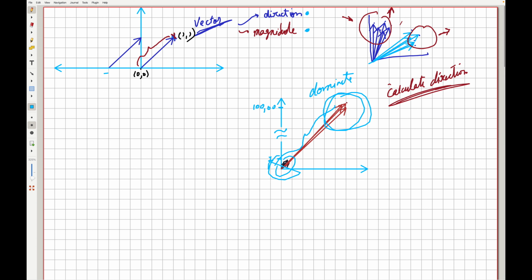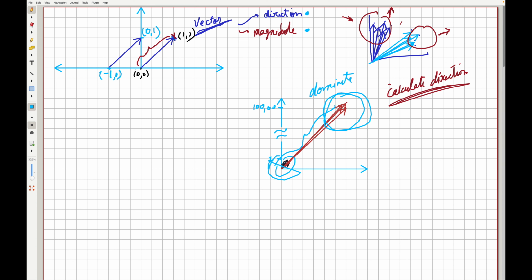This is still 1, but then we are at x is 0 and y is 1. This is a point where x is -1, y is 0. Both of them are the same vectors, they have the same direction and the same magnitude despite having different locations.